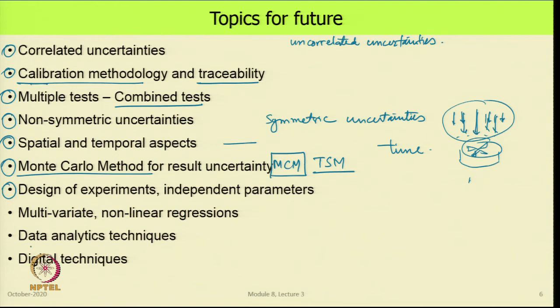Then there are many issues related to design of experiments. We came across this during the design and development of the test plan and test matrix at that stage. We only made a mention that there are mathematical techniques by which, instead of running the experiment at, say, a series of 10 values of the parameter, we could do it at 5 and learn the same thing.